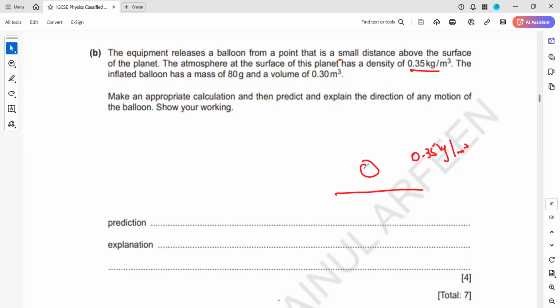The mass of the balloon is 80 grams and the volume of the balloon is 0.3 meters cubed. Make an appropriate calculation, then predict and explain the direction of motion.